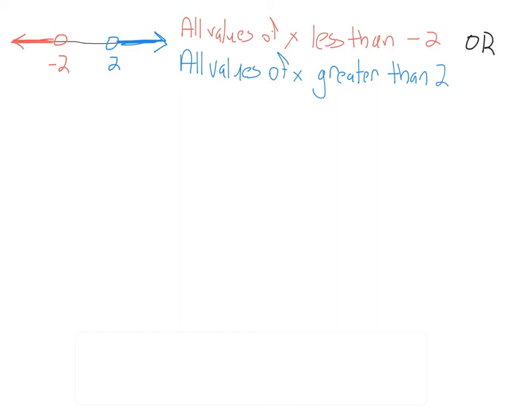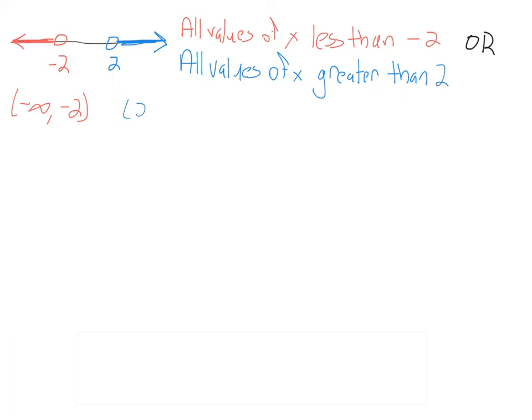And so the way that we write this out mathematically, well, the set in red, we would say this is everything less than minus 2. So I'm going to exclude minus 2 on the right, go all the way out to minus infinity, and remember we use open parentheses for infinities.